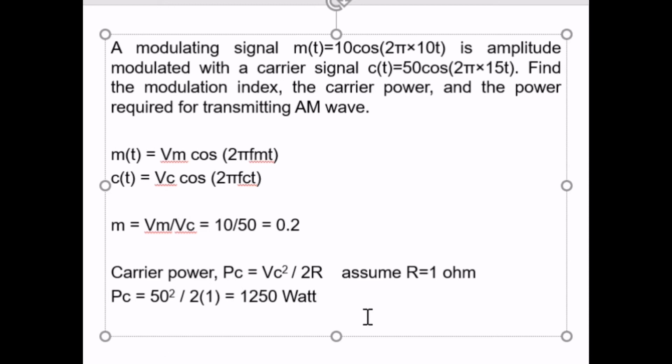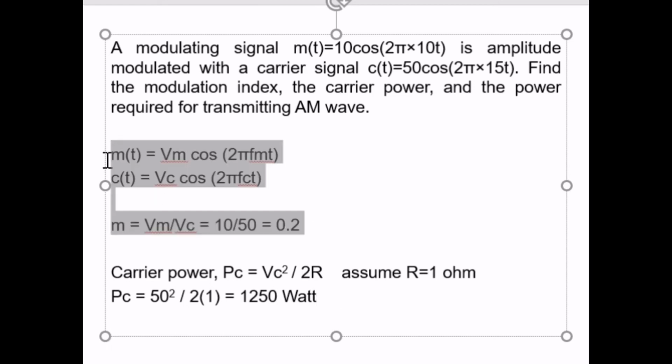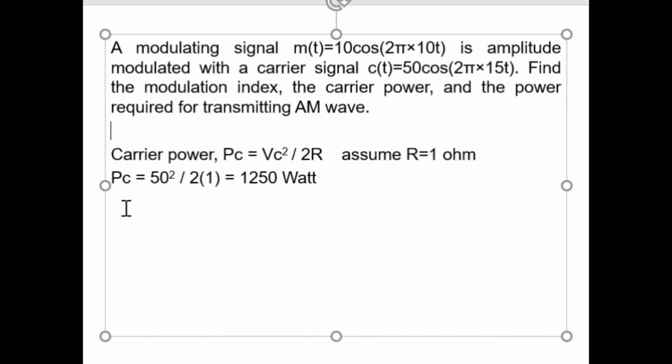Okay. So the next question is to find, let's delete this first because we don't have any space. Find the power required for transmitting the AM wave. So to find the power required, we can use this equation.